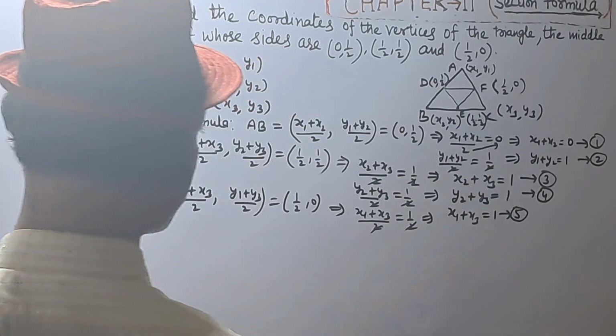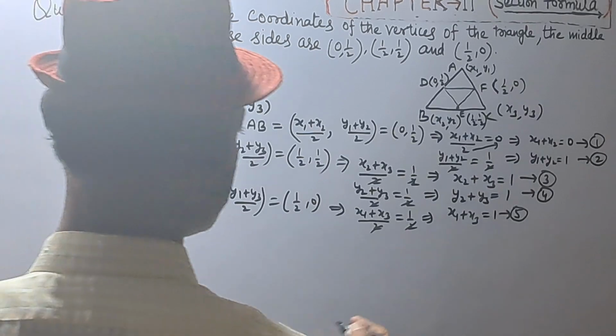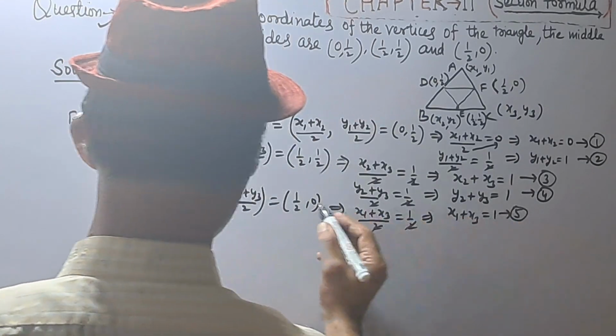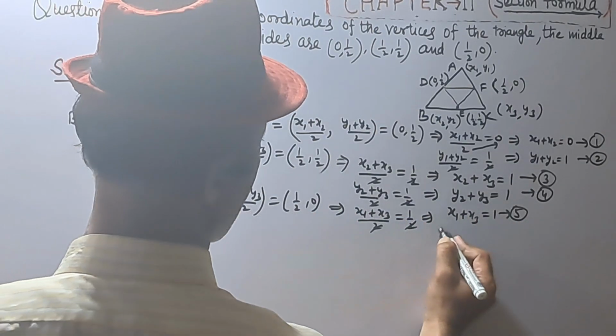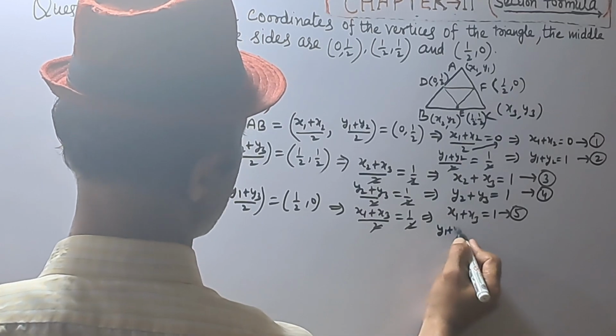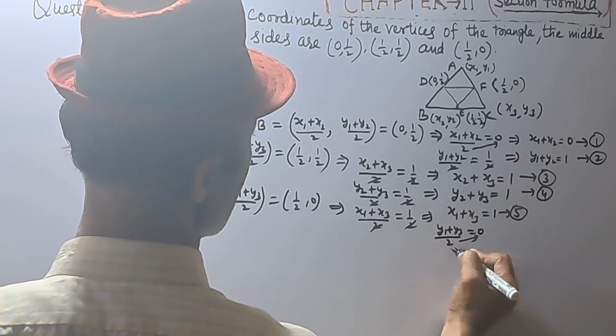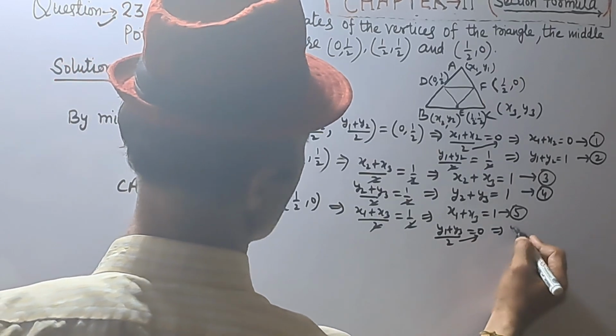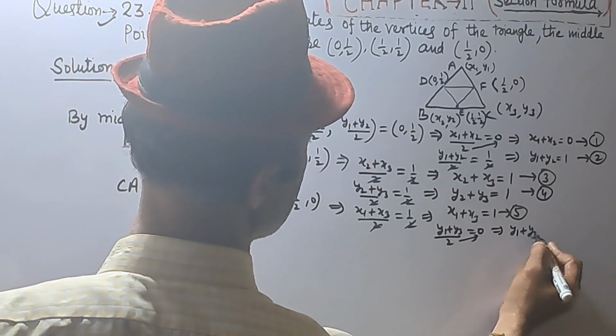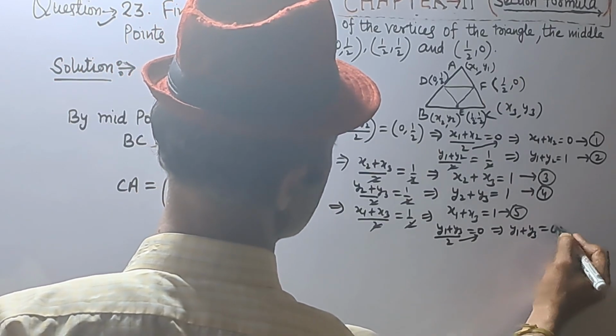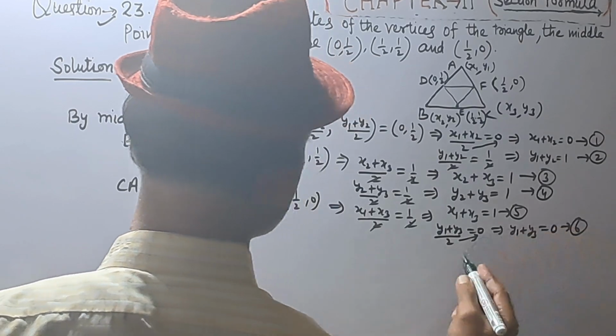Equation number 5. And (y1 plus y3) upon 2 is equal to 0, 2 multiplied by 0, y1 plus y3 is equal to 0. It's equation number 6.